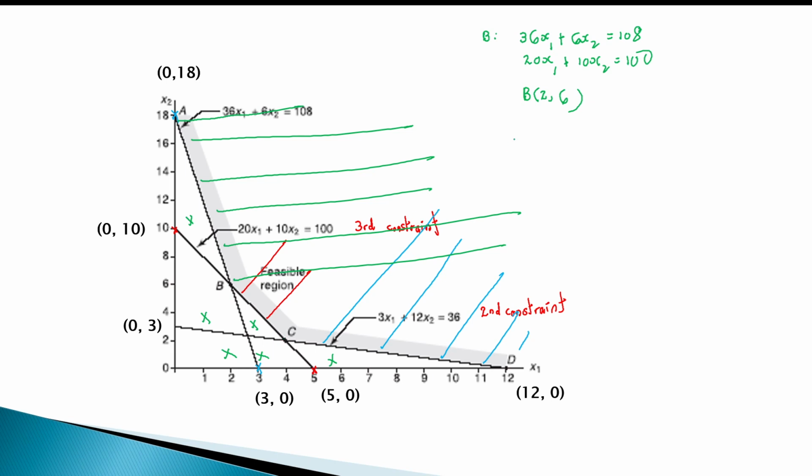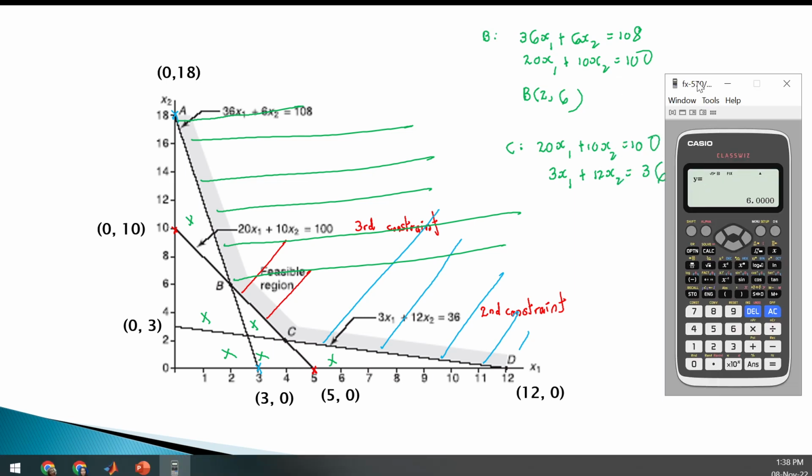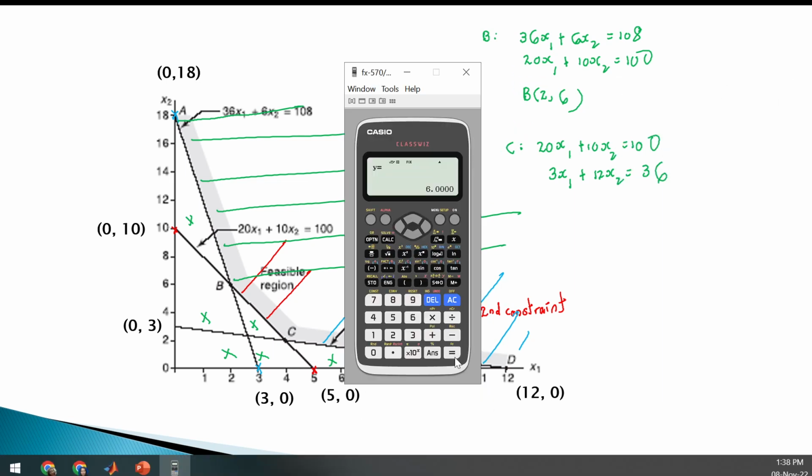Then to get the corner point C, you need to solve 20x1 plus 10x2 equal to 100 with 3x1 plus 12x2 equal to 36. Again, I input a new linear system.